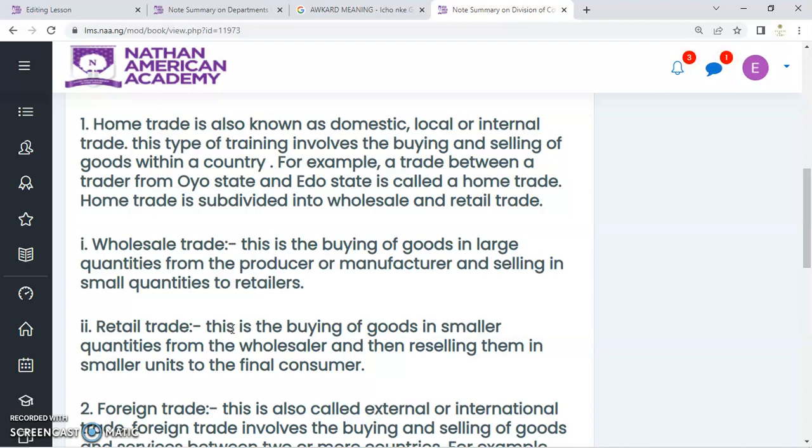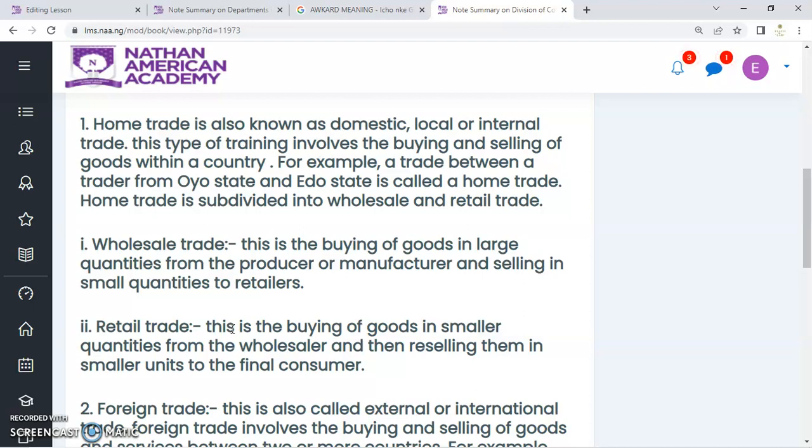Examples of large-scale retailers are found in the supermarket. For example, we have the Allmark supermarket, we have the Market Square. These guys buy goods in large quantities, but they end up selling them in smaller units. If you go to Market Square or Allmark and you want to buy a carton of noodles, that carton of noodles will be calculated per unit.